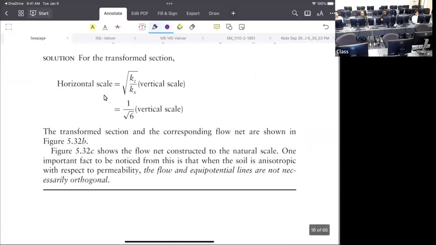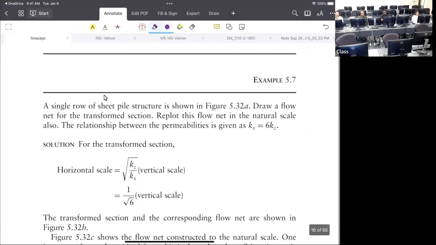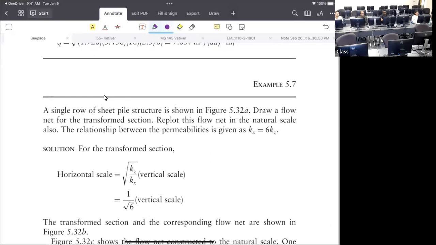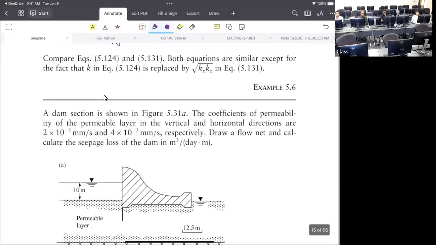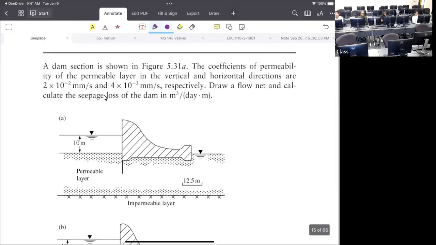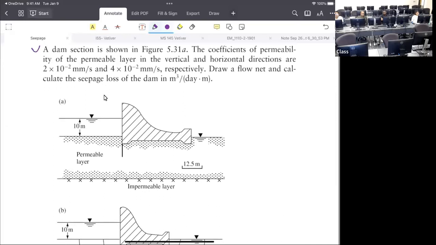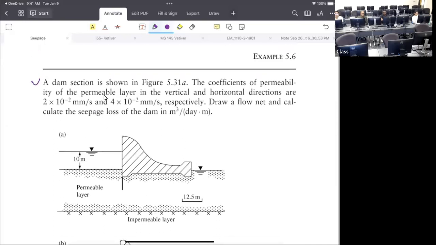Okay, but remember there is another thing. For the transformed section, your horizontal scale is the square root of KV over KH times the actual scale. This is the formula. But look into this problem. You have two different layers, KV and KH.